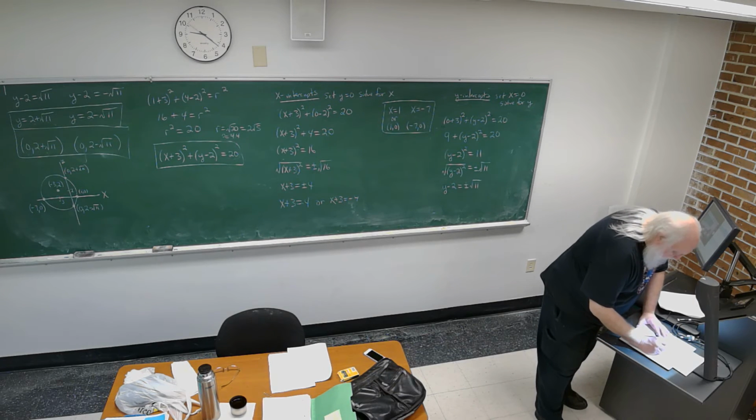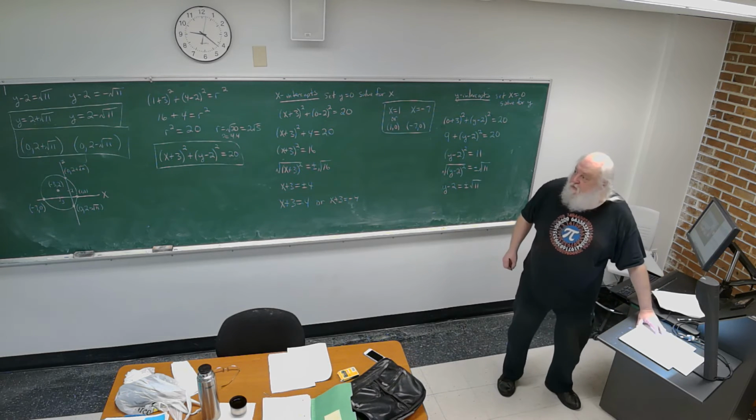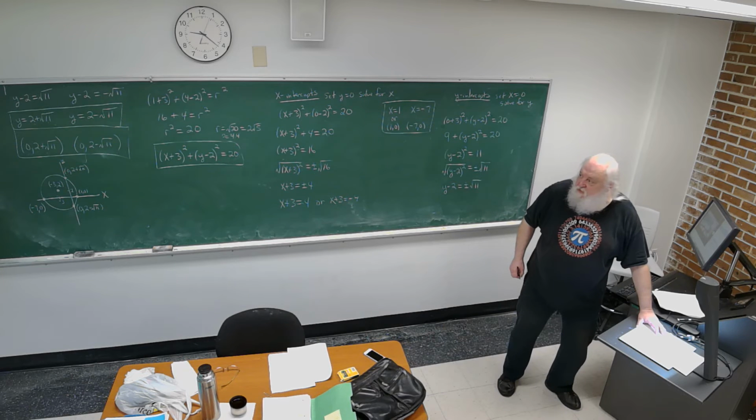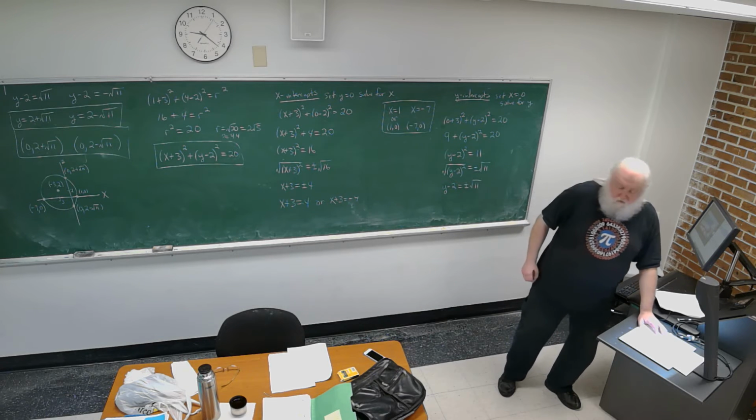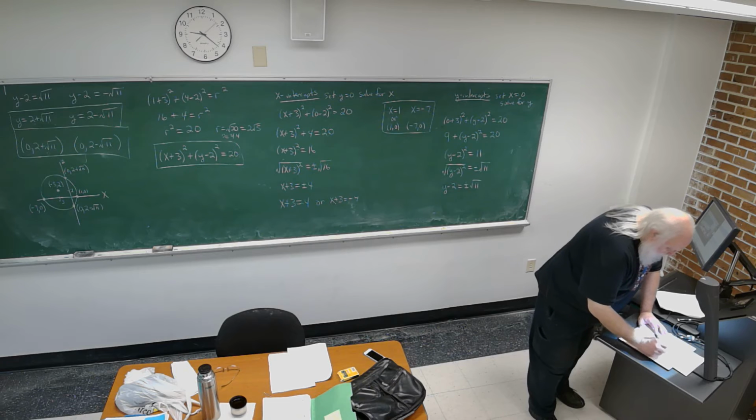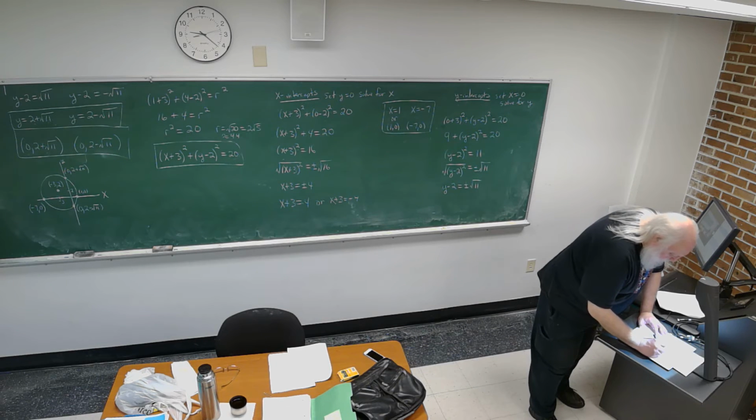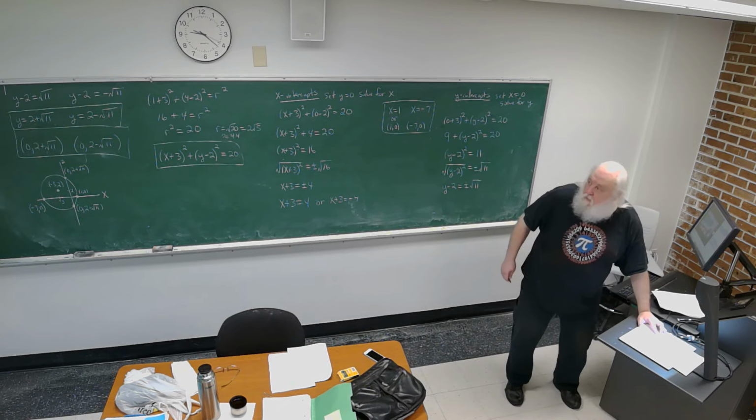Now, the word tangent means to touch. The circle just touches, the edge of the circle just touches that vertical line. And since the line is x equals -1, that's how we write the equation of a vertical line.